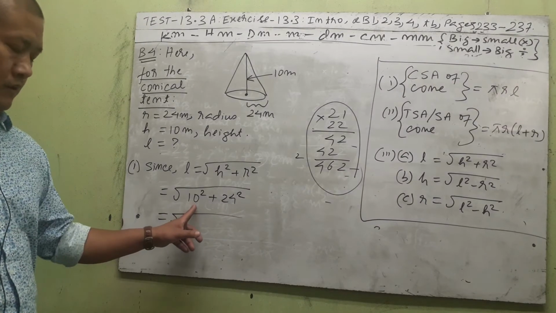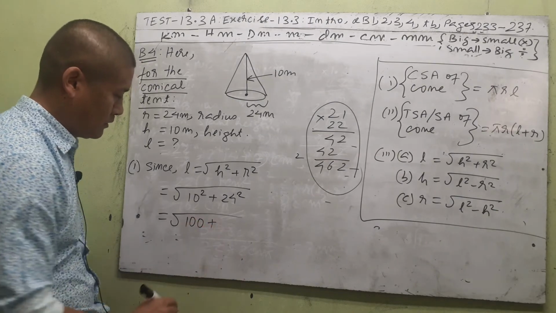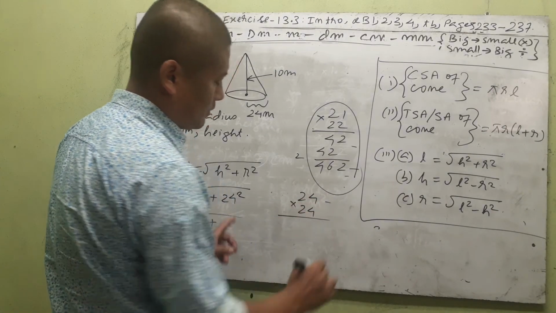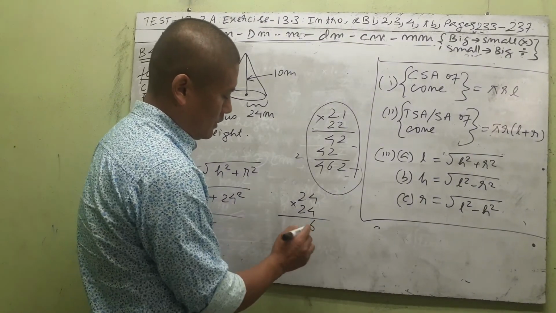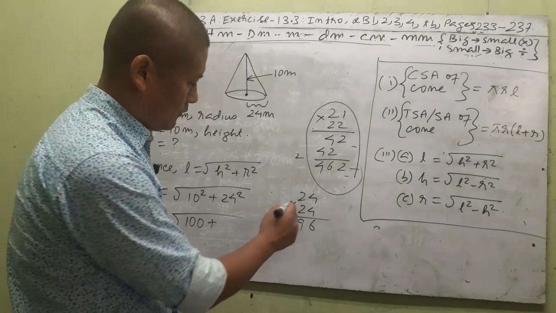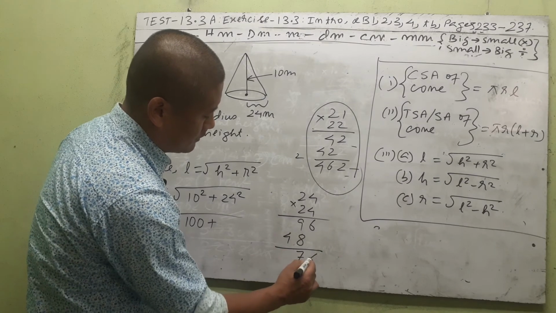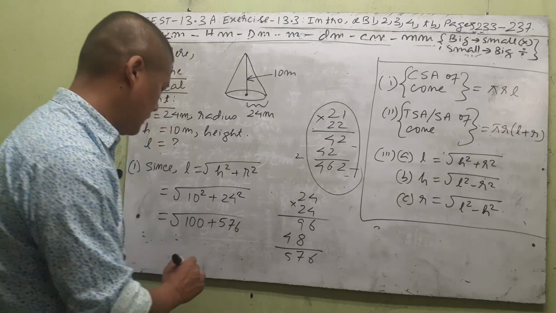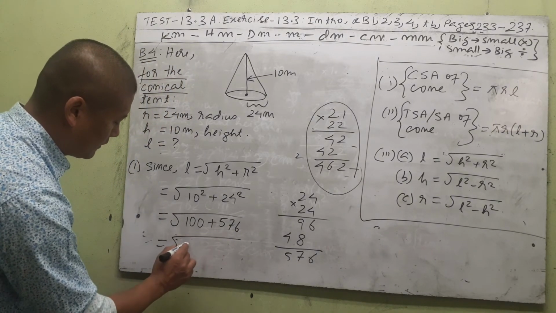Root over 10 square means 10 tens are 100. And 24 square means 24 multiplied 2 times, right? 4 4s are 16, 1 in hand. 4 2s are 8 plus 1, 9. 2 4s are 8, 2 2s are 4. So this is 6, 17, 1 in hand, so 5. 576.